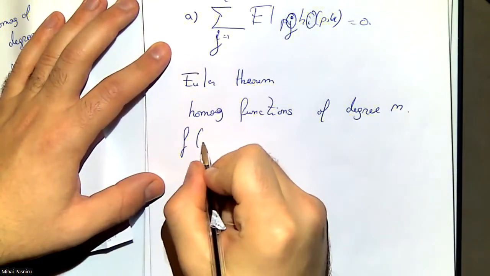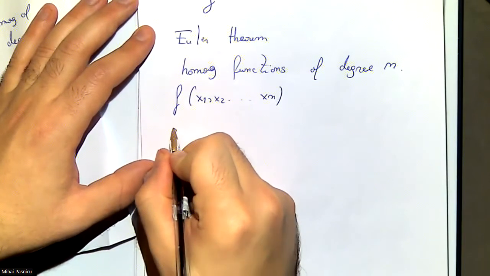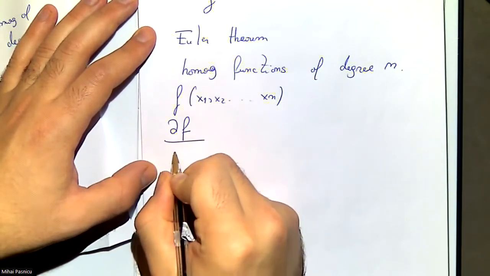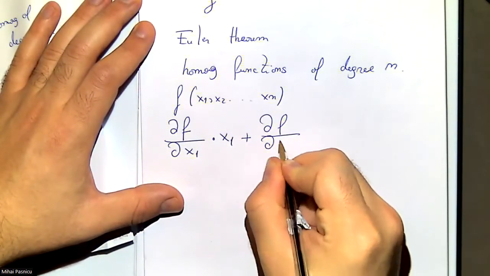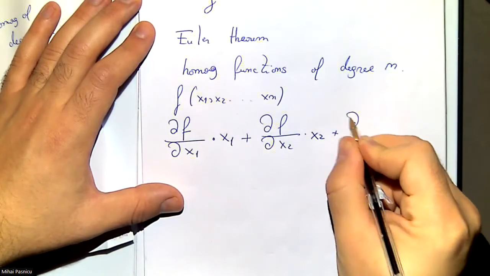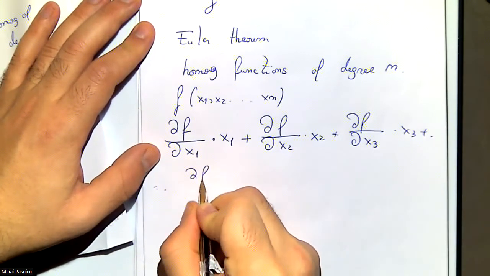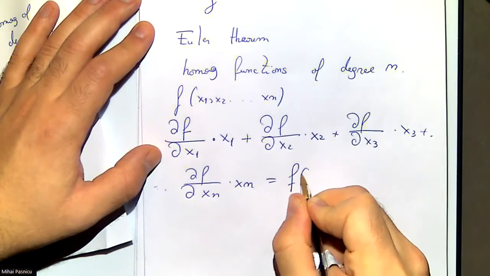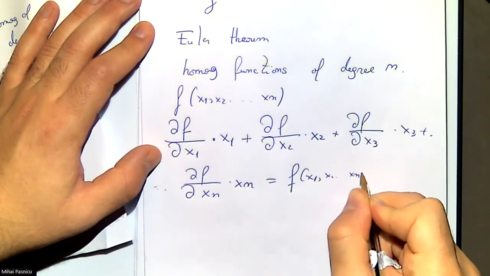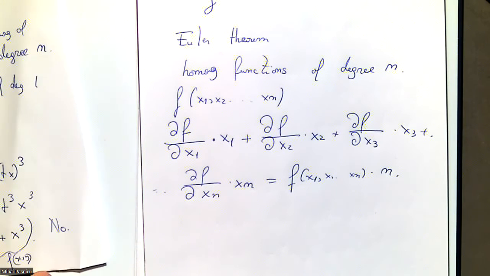And if you just have your function f of x1, x2, ..., xn, then it basically says that if you take the derivative of the function with respect to each of the inputs, so x1, and you multiply it by x1, and then you add them all up together, plus dot dot dot, you are going to get f, no derivative, no nothing, times n. This is what this Euler theorem says.